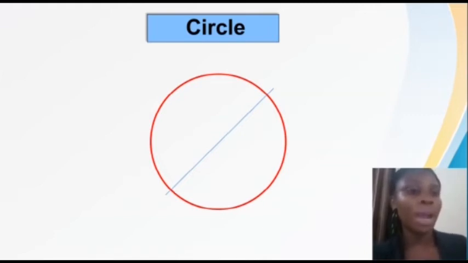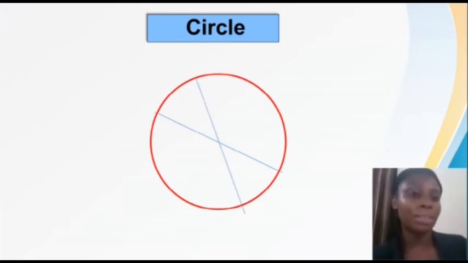I have 2 halves, line of symmetry. This is also a line of symmetry because I have 2 equal halves. Another line of symmetry. Can you see that?